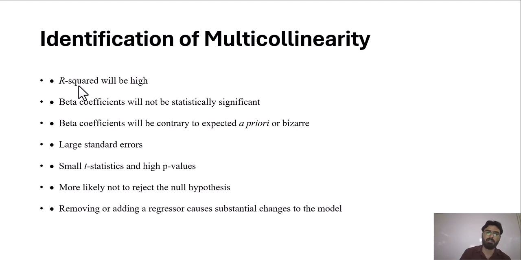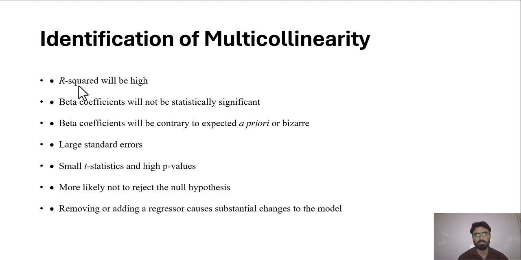I am repeating again, if your R square is very high, let's say the value of R square is 0.70 or 0.80, and you have three independent variables and one dependent variable in your data set. Two of your independent variables are showing insignificant results, and only one variable is significant.